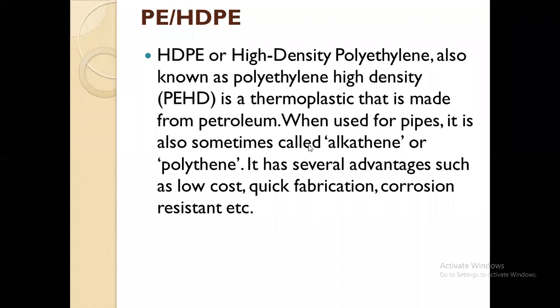When used for pipes, it is also sometimes called alkathene or polythene. It has several advantages such as low cost, quick fabrication, corrosion resistance, etc. As with PVC or CPVC, here also an advantage of HDPE is that it will not corrode.